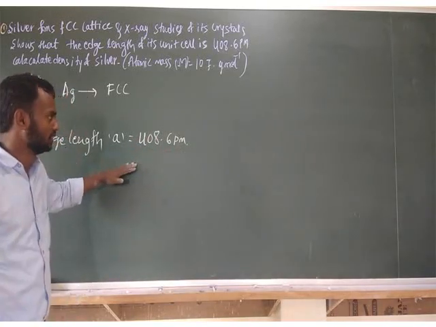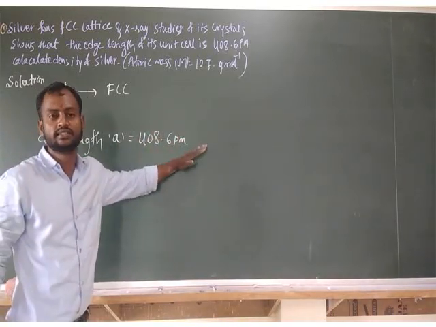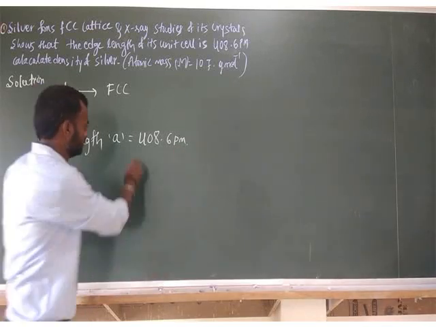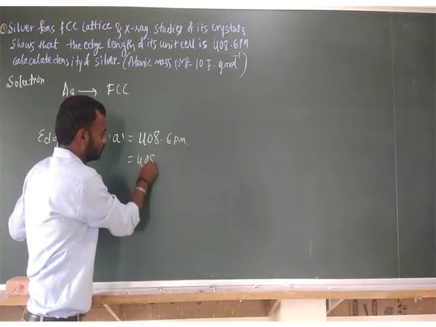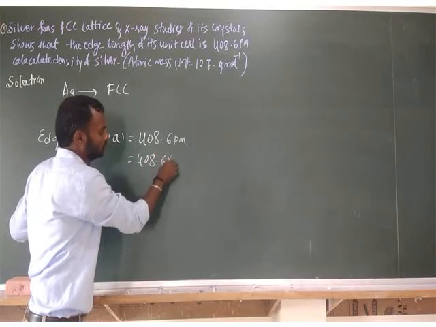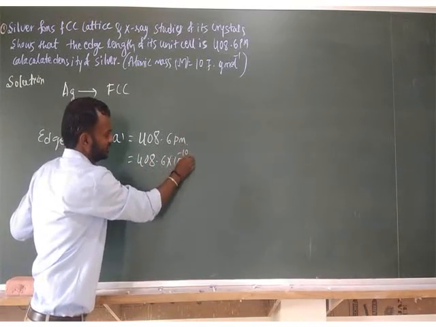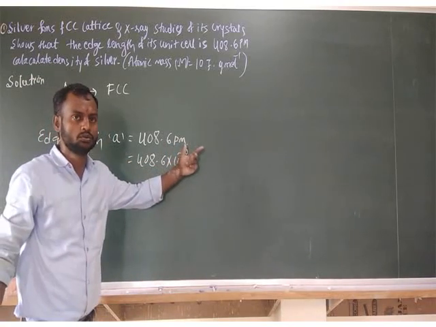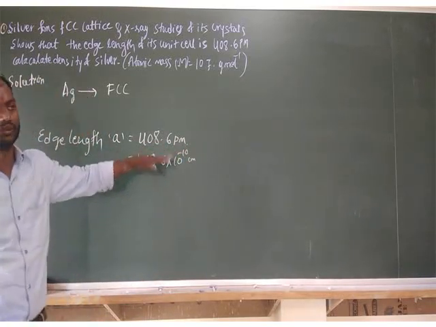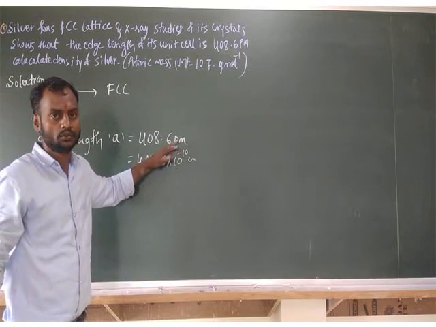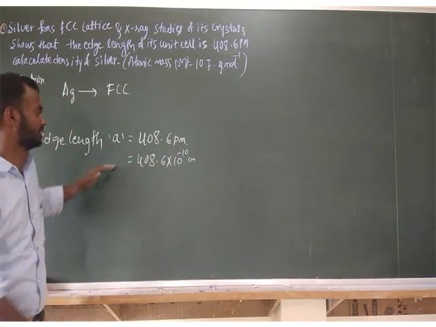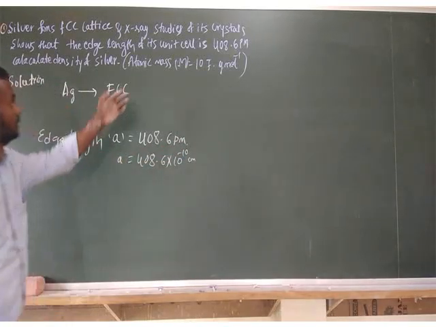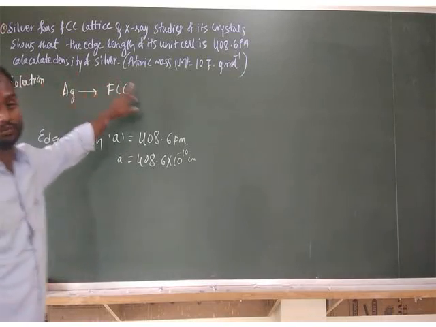So this picometer is converted into centimeter: 408.6 into 10 raised to minus 10 centimeter, since 1 picometer is equal to 10 raised to minus 10 centimeter. So this is the a value, and we have to calculate the density of the silver.